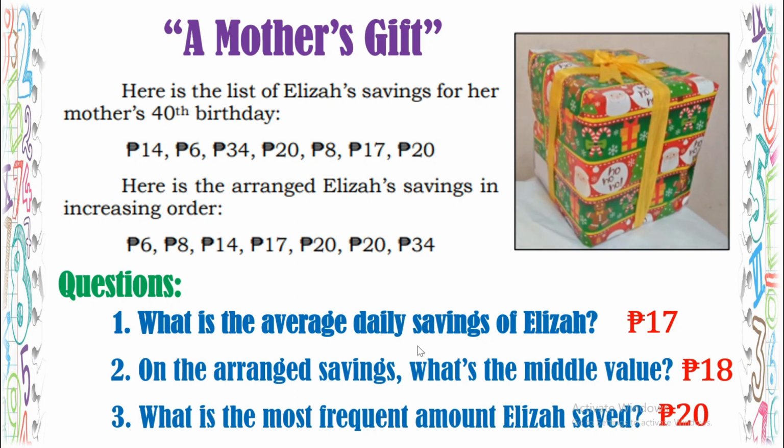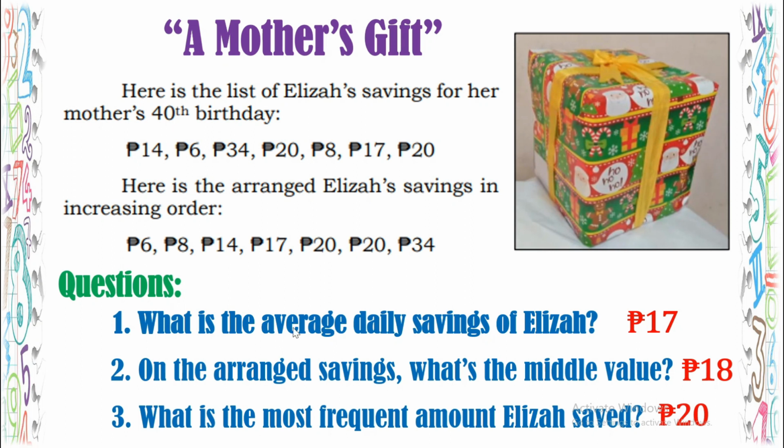The average daily savings of Eliza is the mean of Eliza's savings, while the middle value of the arranged savings is the median of the given data. And the most frequent amount Eliza has saved is the mode of the given data.